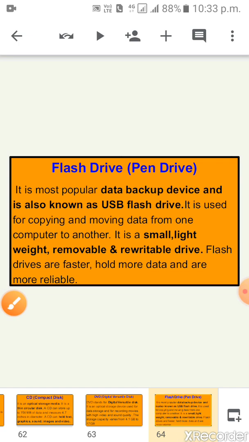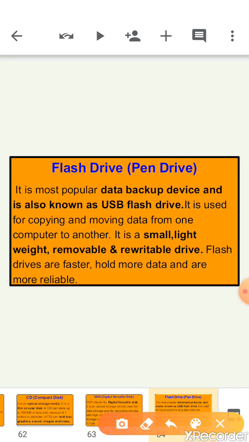Next is flash drive, which means pen drive. Children, you all know about pen drive. It is a portable device. It is popularly known as USB flash drive. It is the most popular data backup device.